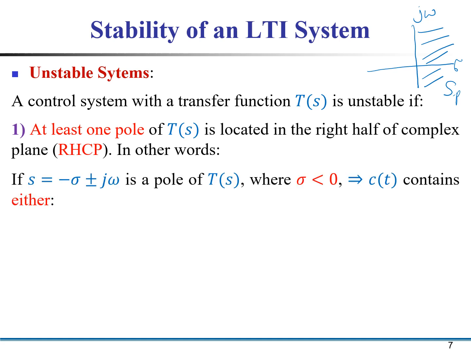So here we see that if sigma is negative, then minus sigma will become a positive number. This means for sigma less than 0, the pole s will be on the right half s plane. And whenever we get a pole in this region, this means the system is unstable.